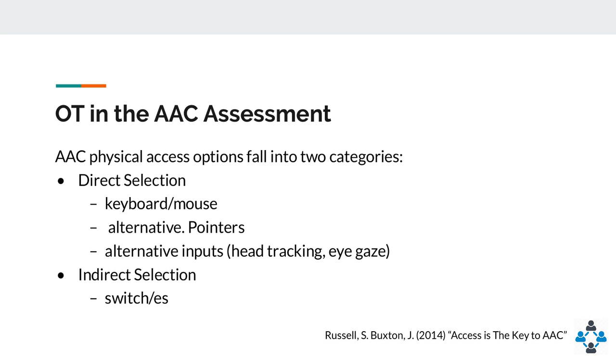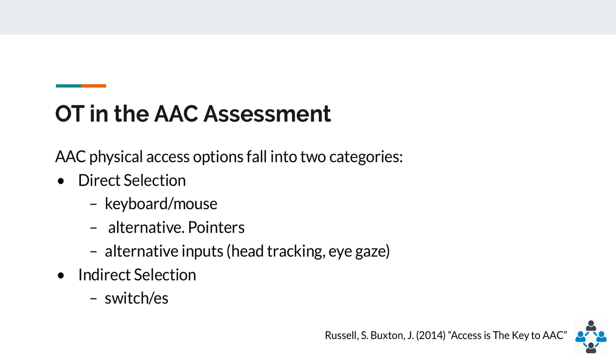And last week I touched a little bit on these different access methods. I'm going to return to them again in a little bit more detail. Physical access can fall into two categories for AAC: direct selection, going right for that choice, and also indirect, which is when switches come into play.